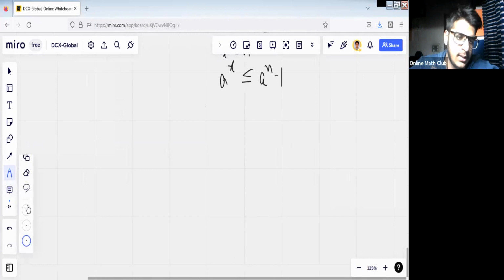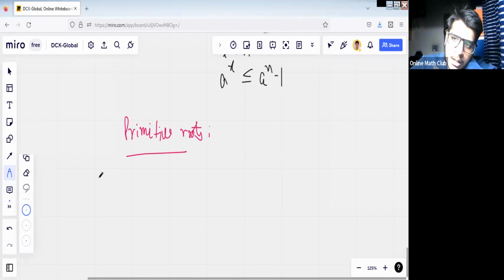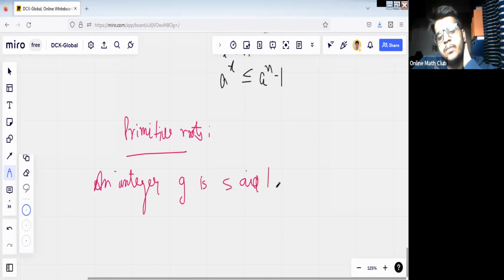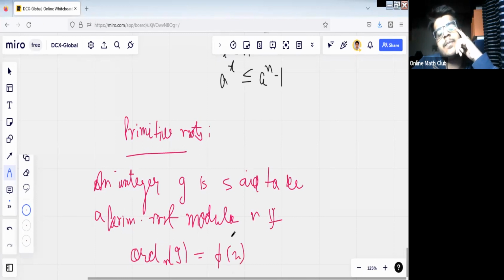Okay, let's just discuss what primitive roots are first. An integer g is said to be a primitive root modulo n if the order of g is phi of n.